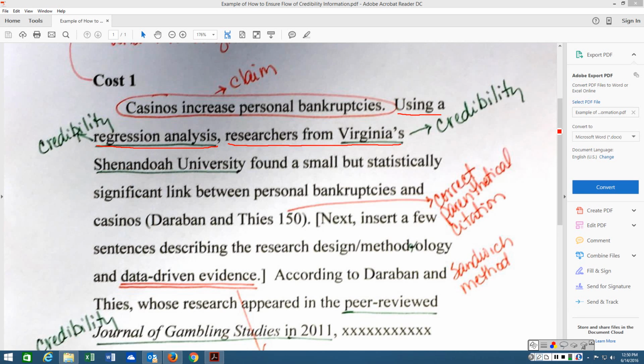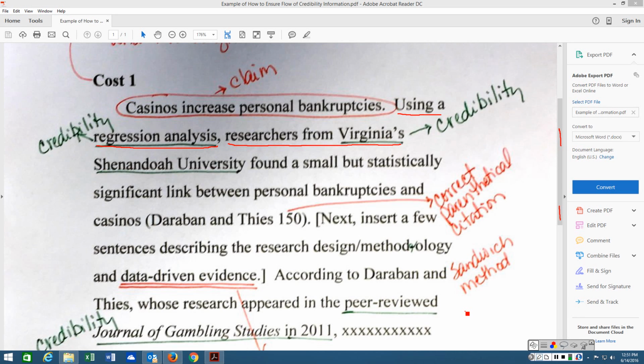Also, one of the things that I mentioned in the instructions for this writing assignment is to use the sandwich method to discuss your information in a paraphrased form.